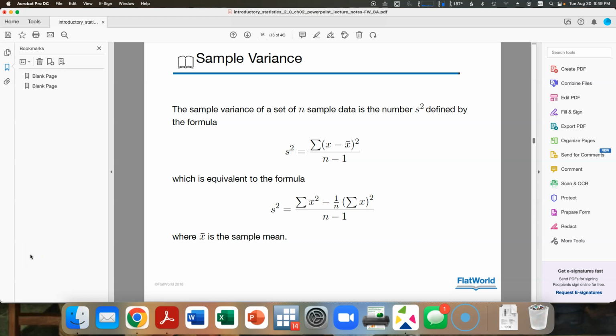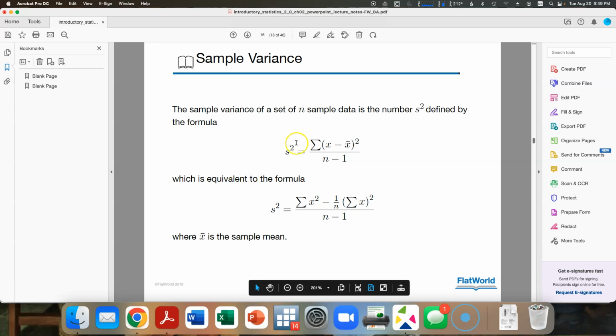Okay, so now when we turn to the variance, or the way in which the measurements deviate from the center of the data, what we start off with here is a discussion of the sample variance. And for the sample variance, we're looking at the sample data, the number of observations, which is n.